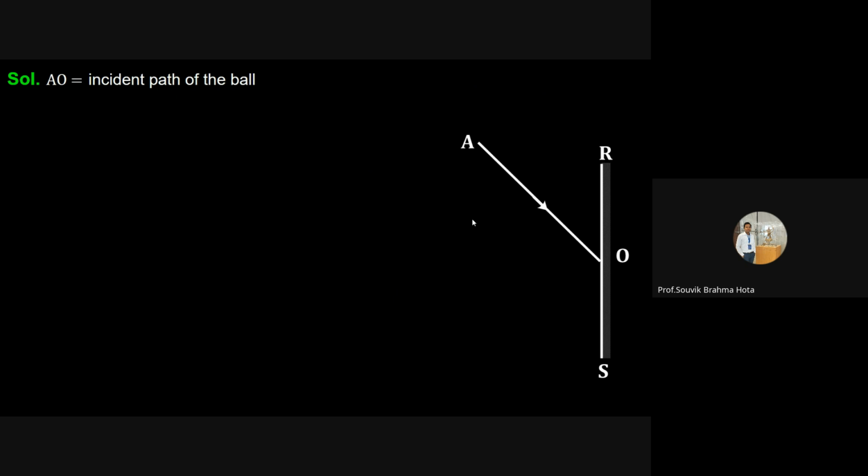Now see, AO is the incident path of the ball. If RS is considered to be the bat, AO is the incident path of the ball. Correct?